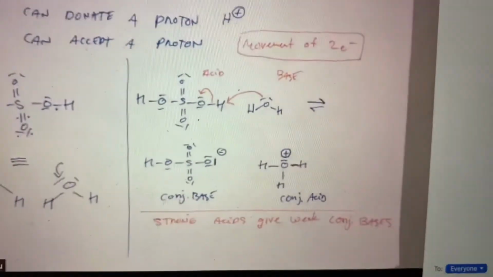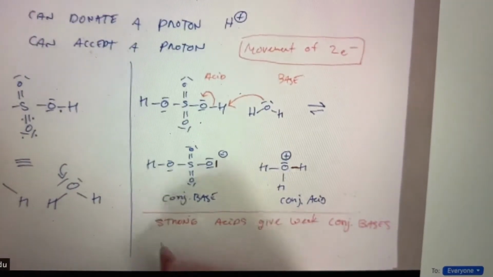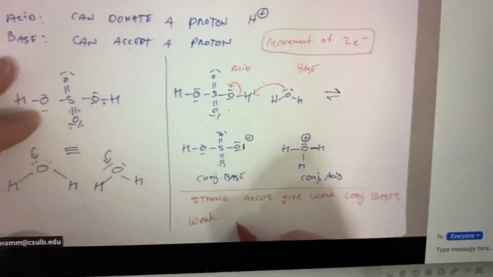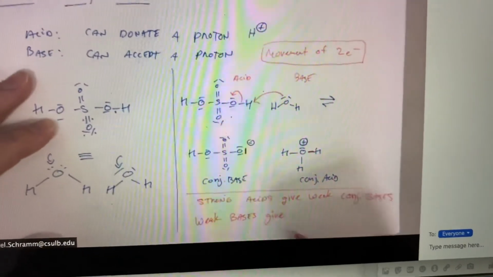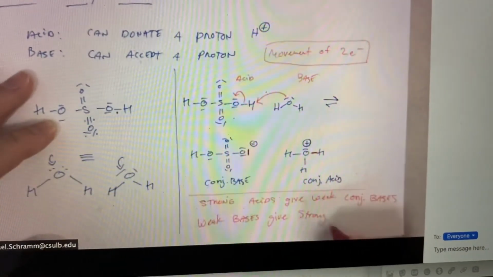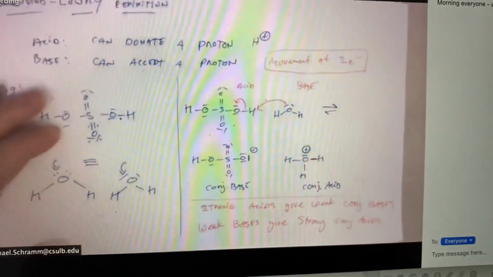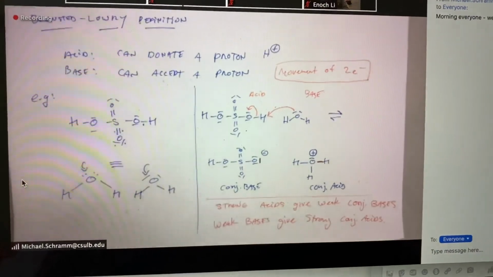Strong acids give weak conjugate bases. And we could say this many, many different ways. We could say that this is just the converse. Weak bases give strong conjugate acids. This is just something we're going to keep saying over and over again, and you'll realize why we're saying it and repeating it and writing it down.